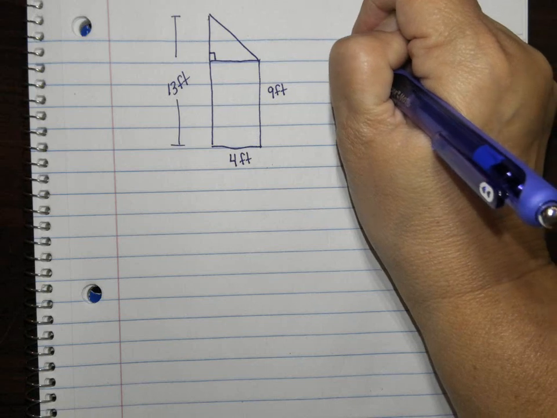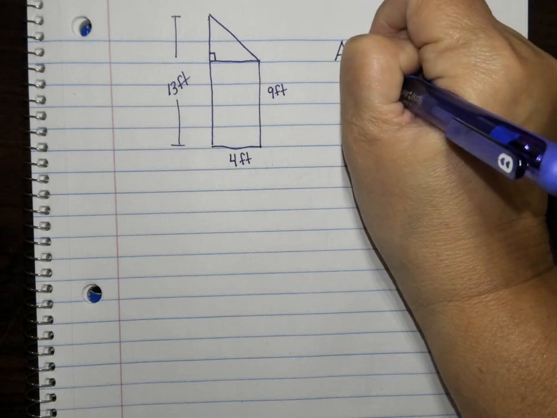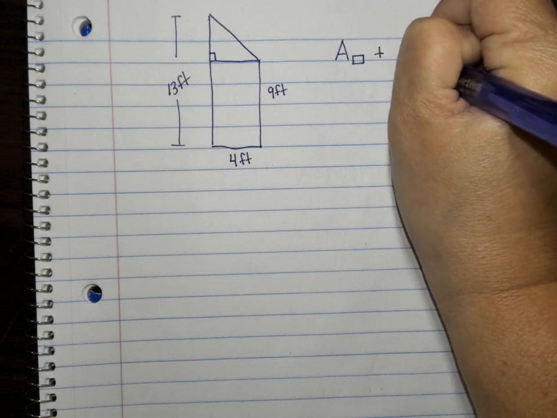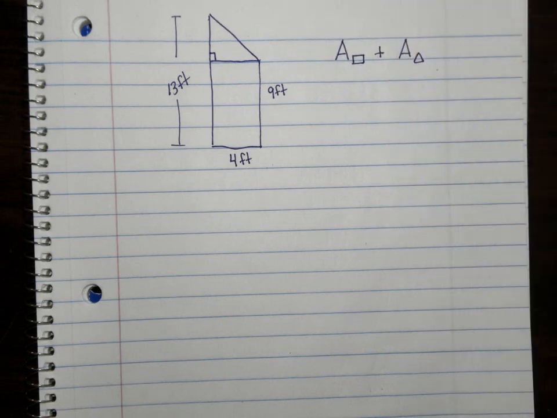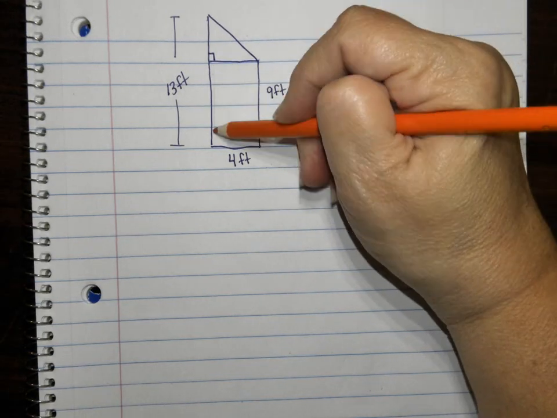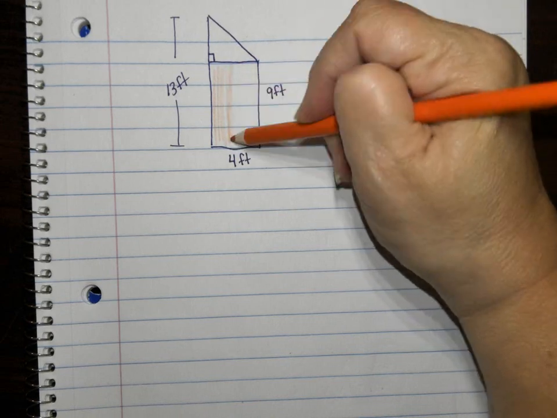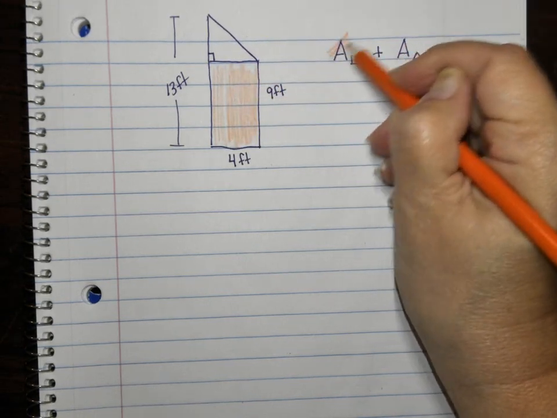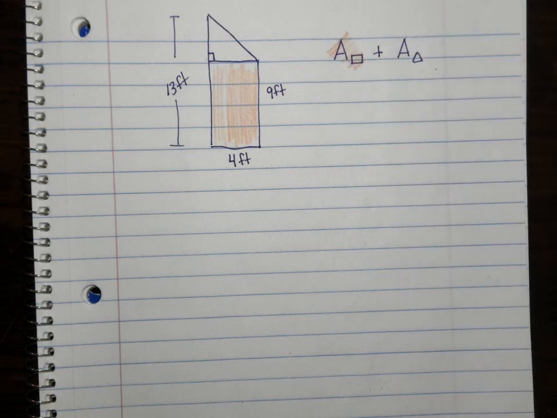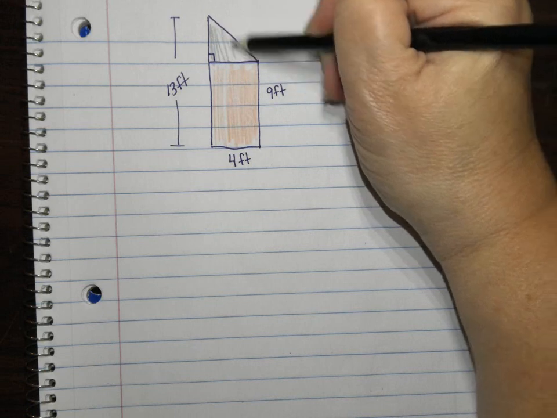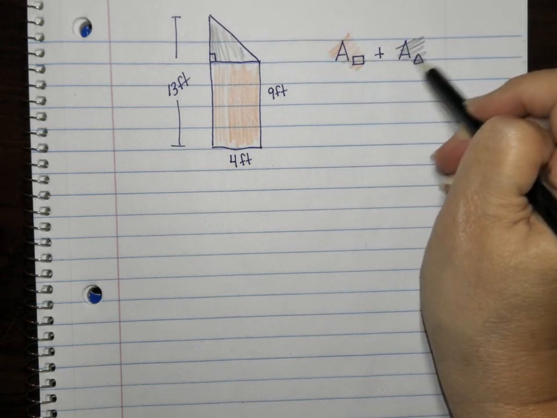Can you see that we would do the area of a rectangle, and then we would add that with the area of the triangle? Do you see that it's two shapes put together? Alright. I'm going to color code them. If that helps you, you can do that too, but you don't have to. So everything on my rectangle is going to be one color. And then everything on my triangle is going to be another color.